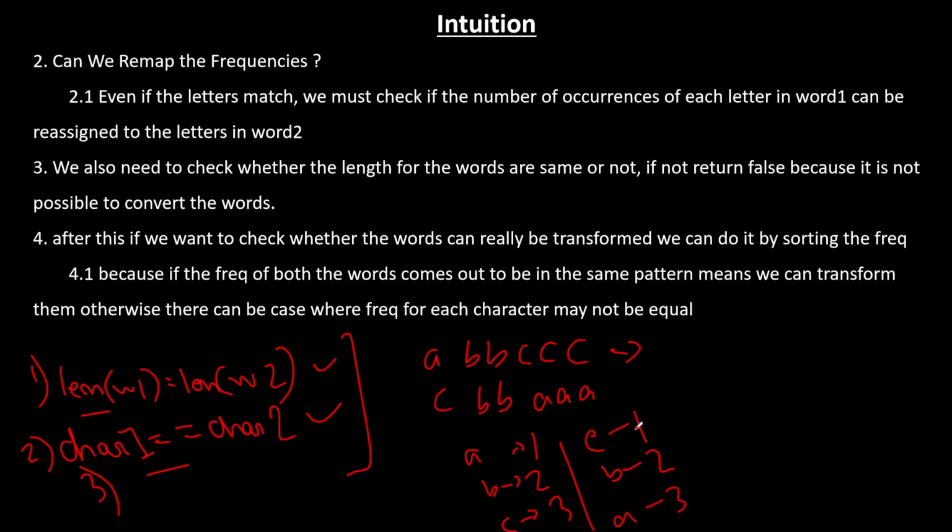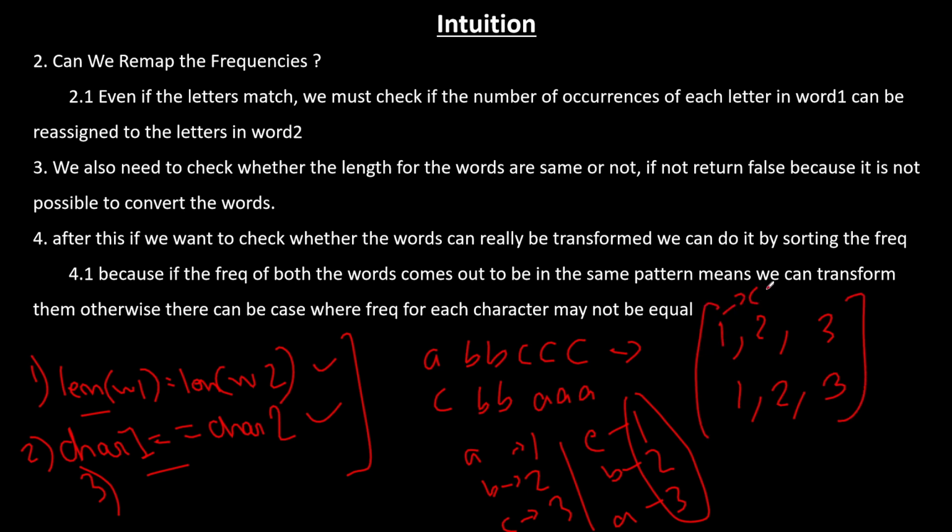When you take the counts and sort them in increasing order, for the first word you get 1, 2, 3, and for the second word you also get 1, 2, 3. What this signifies is that whether it is C, A, or B in the first word or in the second word, we don't care.